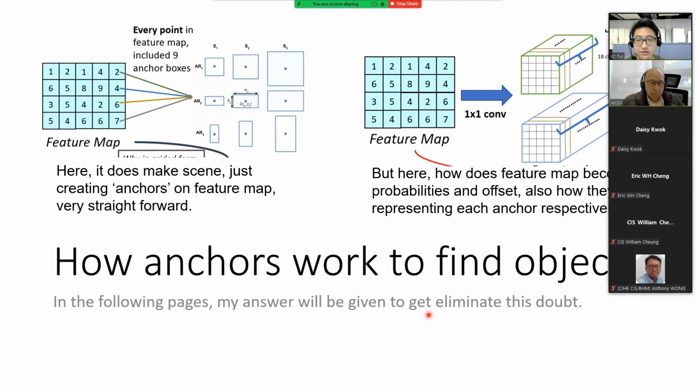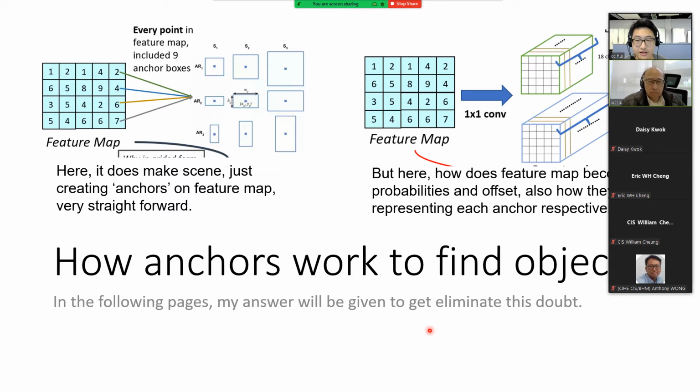So we have introduced the basic structure and the ideas of anchors, but we have still not discussed why anchors work. Why does it work to find the object? In the following pages, I will give my answer of why they can find and locate the object.